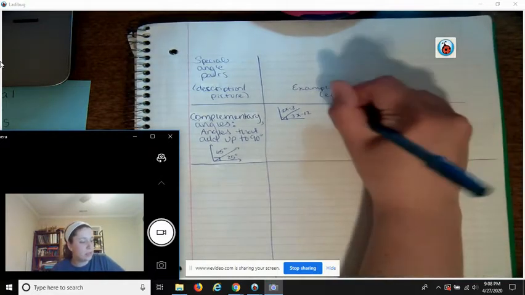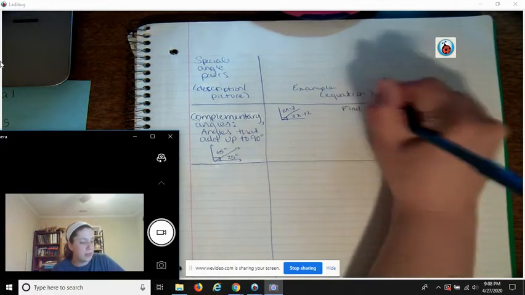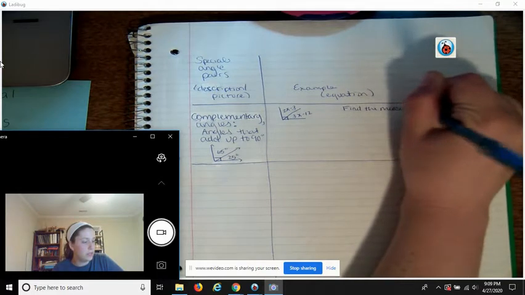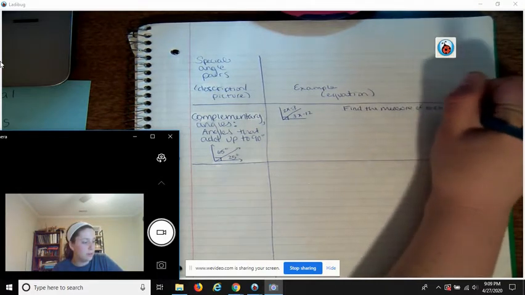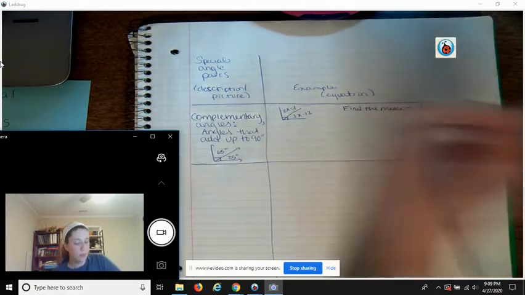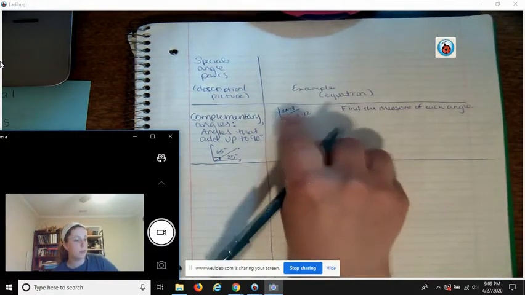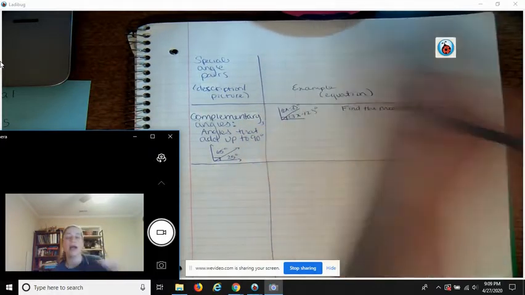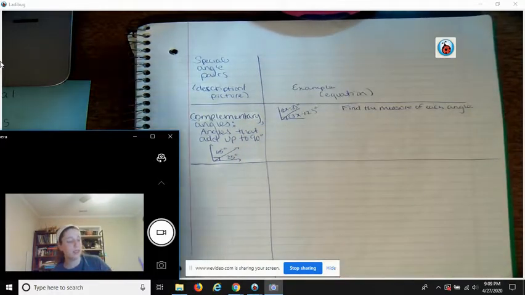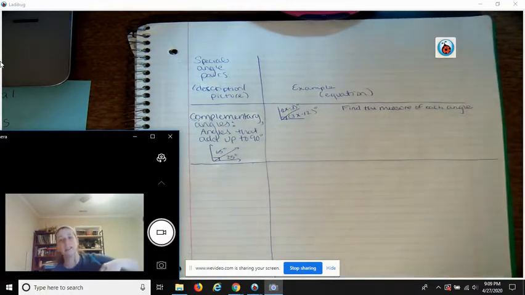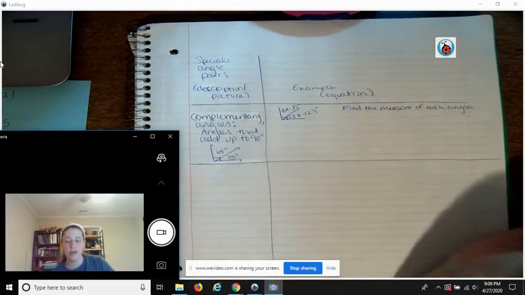We would be asked to find the measure of each angle. We would want to add these two angle measurements together and set them equal to 90 so that we can solve the equation for x and sub that x back into each of these expressions for the angle measurements.